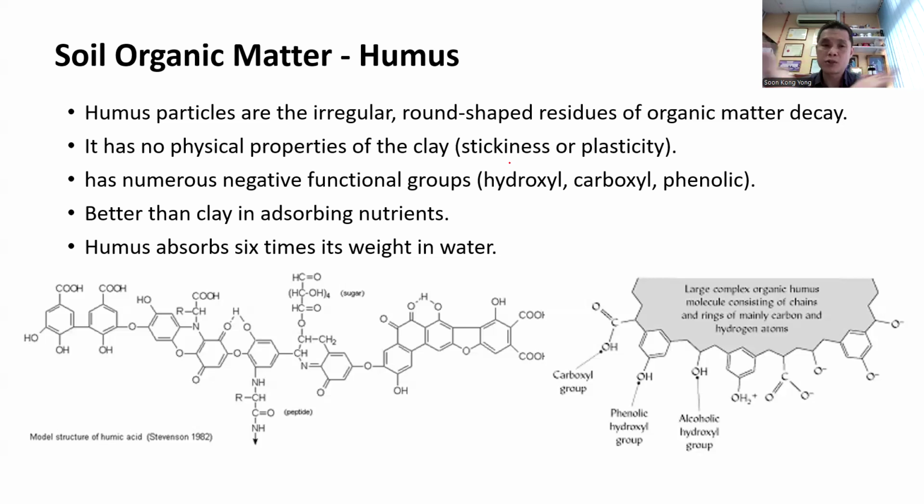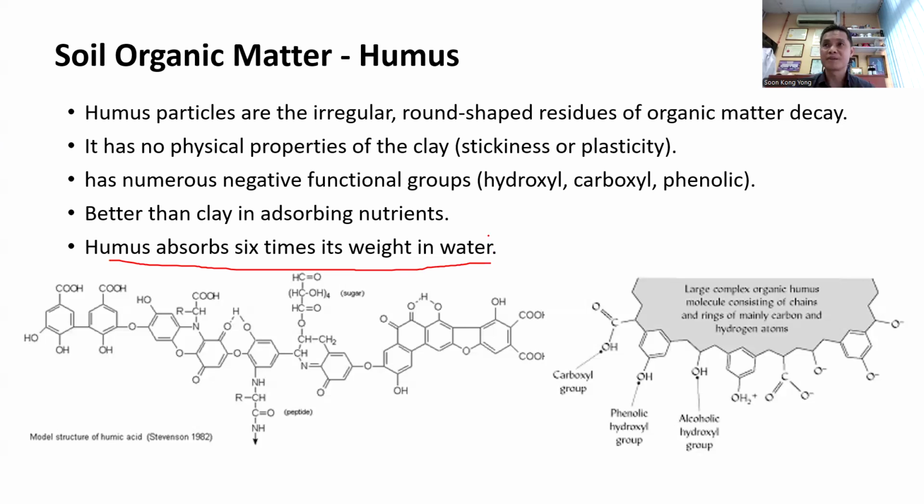They swell and shrink. Whereas humus can swell, but doesn't shrink to a very small size. It will retain its porous structure. And this is good. Why? When they have a porous structure, they have the ability to absorb a lot of water.